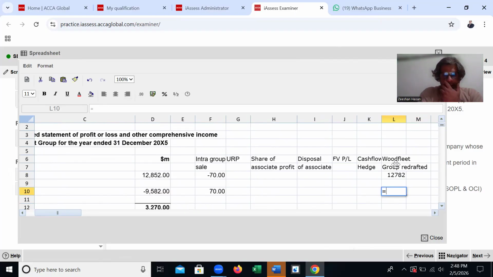Is it done? Is equal to this minus this. Yeah. Oh, sorry. I made a mistake over here. Avoid such mistakes. Yeah, 9512 is the correct one over here.